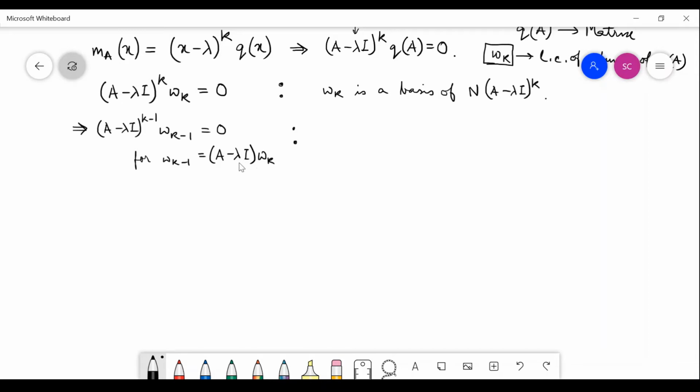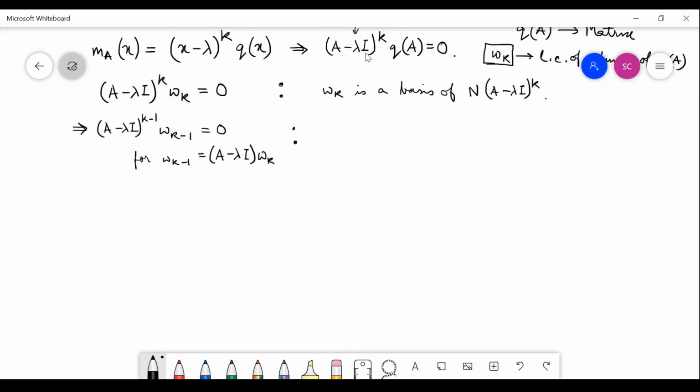But if I multiply it with A minus lambda I, can I get a zero vector? No, you cannot get a zero vector, because of A minus lambda I to the power k times omega k. Looking from the minimal polynomial, you can see that A minus lambda I to the power of k multiplying a vector gives 0, and nothing less than this order k will give you 0.